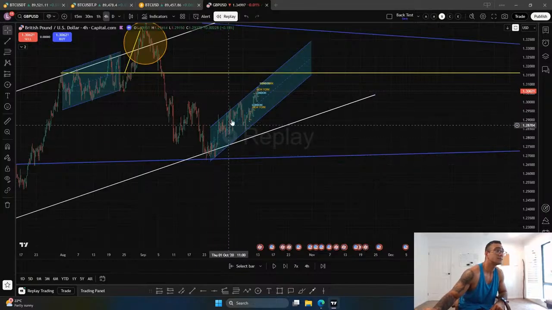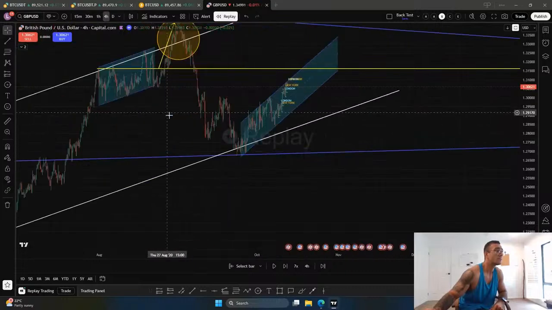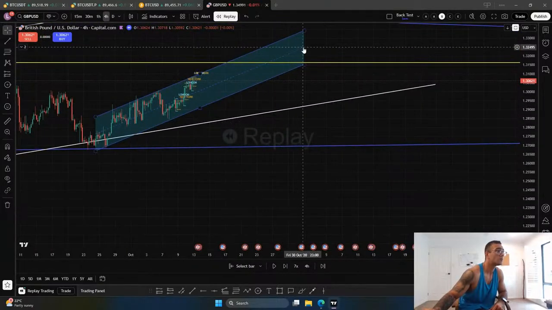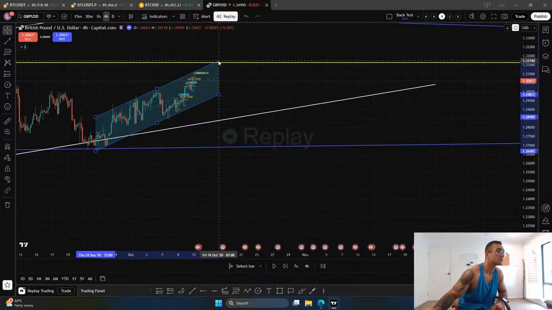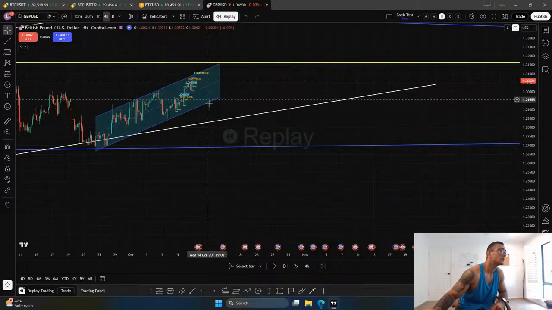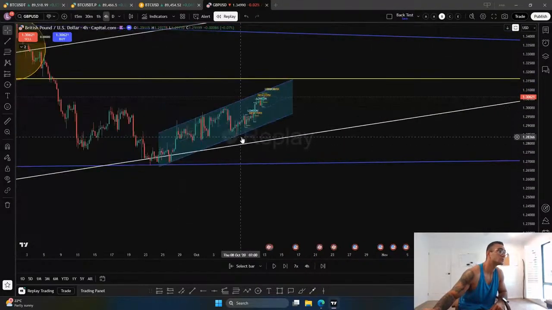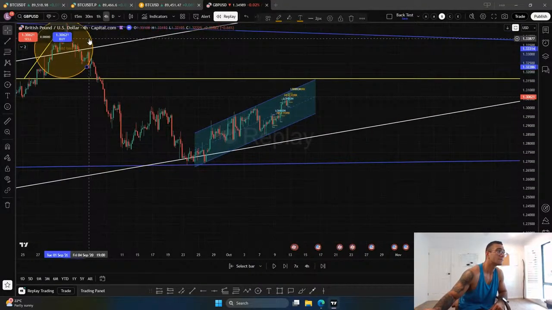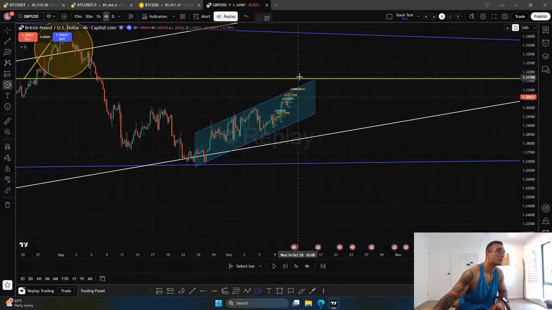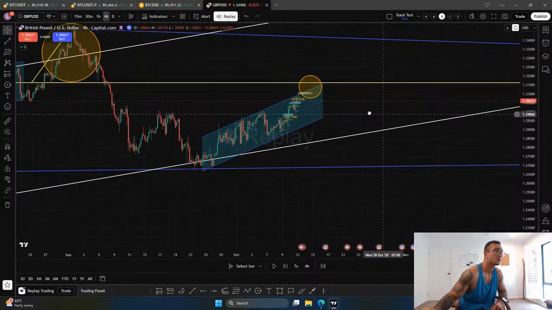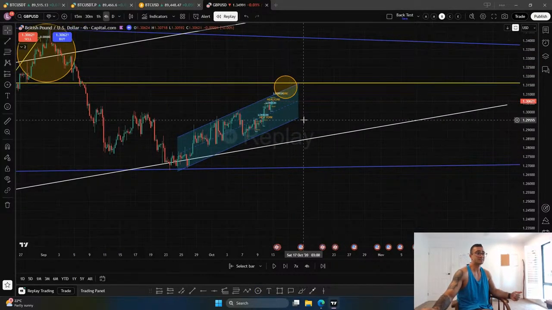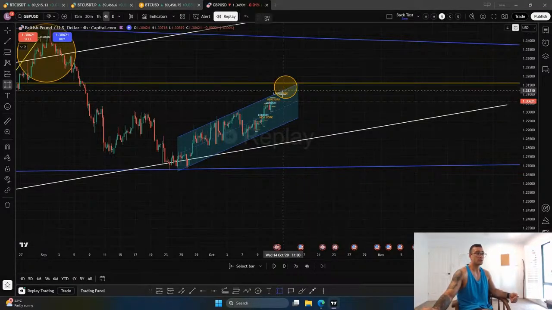Then you can see we've had a bit of chop going up as well. Now what I'm really looking for is to finish at the top here, right? Now we're looking for it to bounce, and we're going to be making a move.